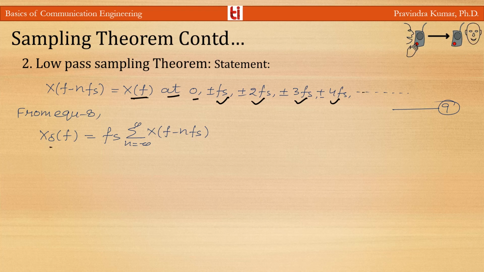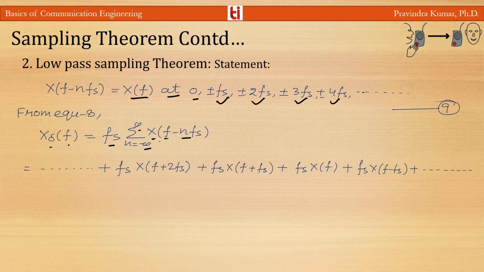So the sampled signal X delta f equals fs summation minus infinity to infinity X(f minus nfs), which we can write as dot dot dot plus fs X(f plus 2fs) plus fs X(f plus fs) plus fs X(f) plus fs X(f minus fs) plus so on.